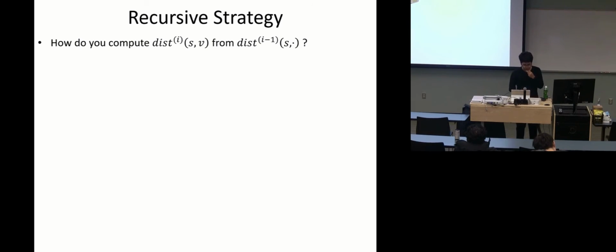How can you compute the distance? Let's say you want to compute the i-hop-bounded distance from S to B. Can you compute it using some table that contains the (i-1)-hop-bounded distance from S to everyone? How can you do that?